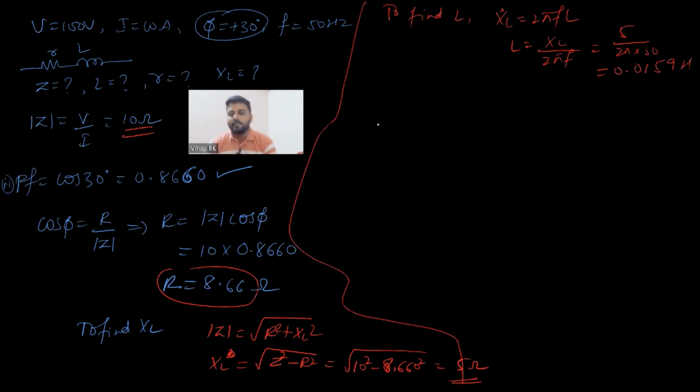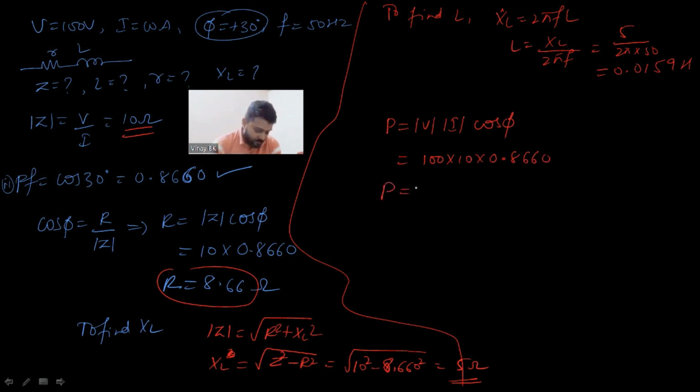Whereas active power is nothing but P equals modulus of V, modulus of I, cos phi. You already know cos phi, you know the value of phi. Phi is plus 30 degree, lagging angle. V is 100 into 10 into 0.8660. You can get active power in terms of watt.